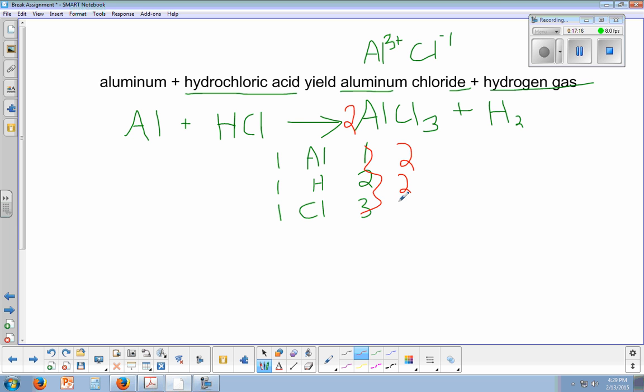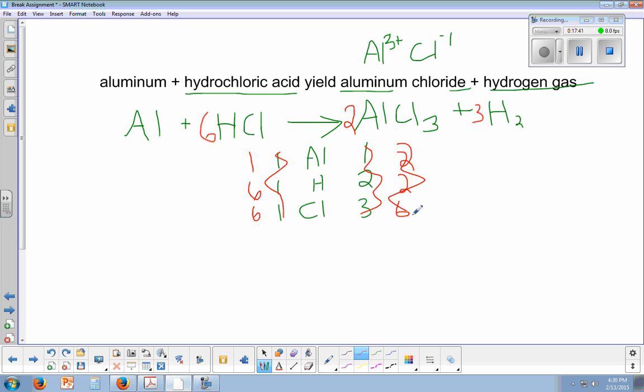This stays 2, and this is 6. If I put my 6 over here, I'm going to get 6 H's, 6 Cl's, and my aluminum stays 1. So now I have to make my hydrogens the same as this side. So 2 times 3 gives me my 6. That's why we made it 6, because that was the only thing I could make them so that I could actually balance my chlorine and my hydrogen by putting a number here.